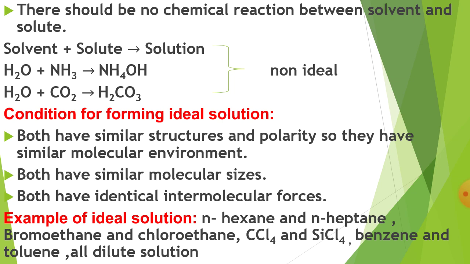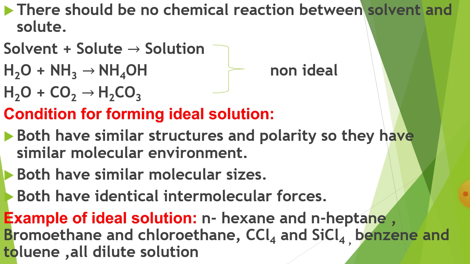Hence, they also form an ideal solution. Next, benzene and toluene. They belong to aromatic hydrocarbons and have the same polarity, that is, non-polar, and hence have van der Waals force of interaction before mixing and after mixing. Hence they also form an ideal solution.